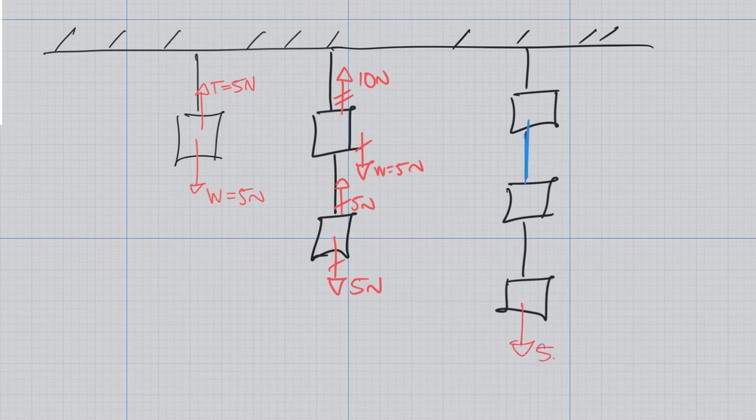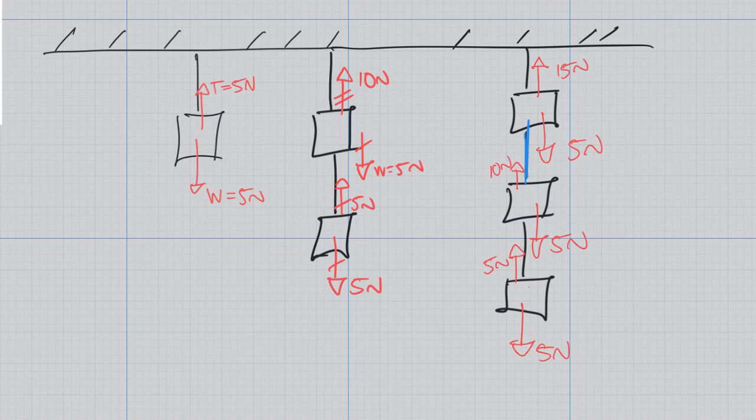We have 5 newtons down, 5 newtons down, and 5 newtons down. In this case, the tension here has to be pulling up at 5 newtons. The tension at the top would have to be pulling up at 15 newtons, and the tension here would have to be pulling up at 10 newtons.